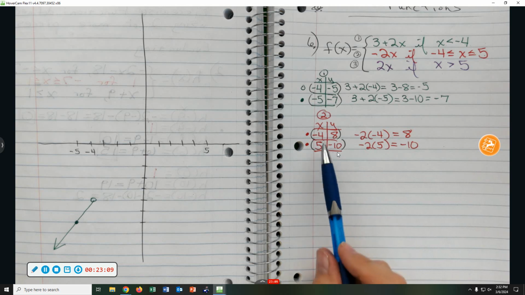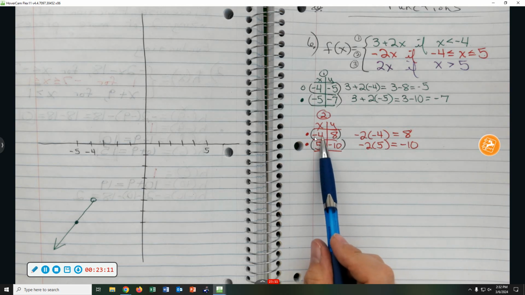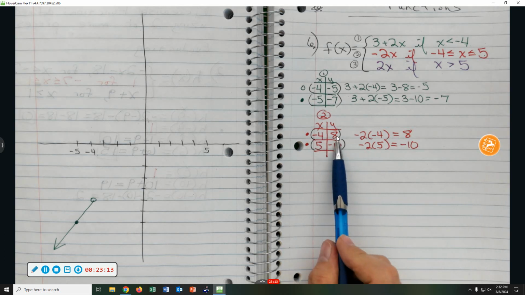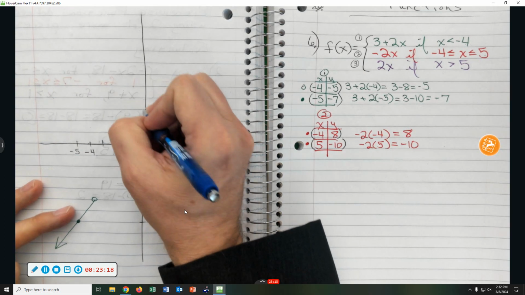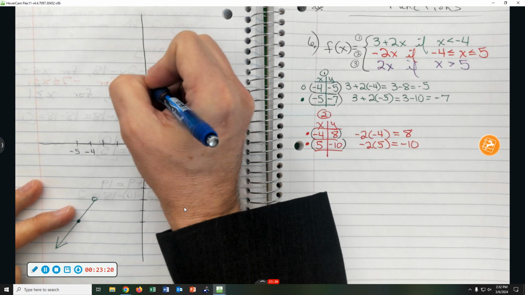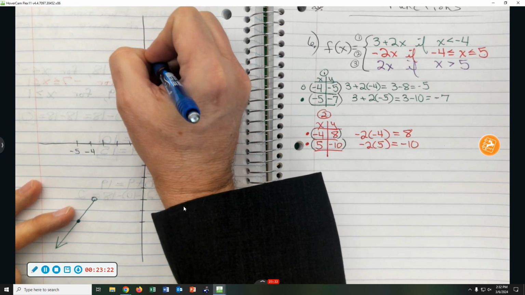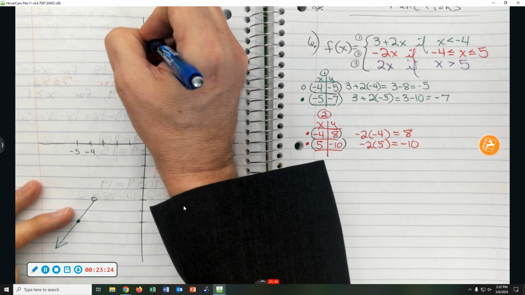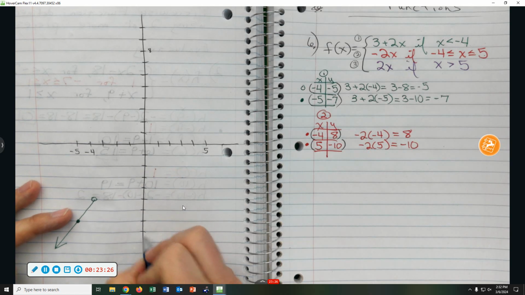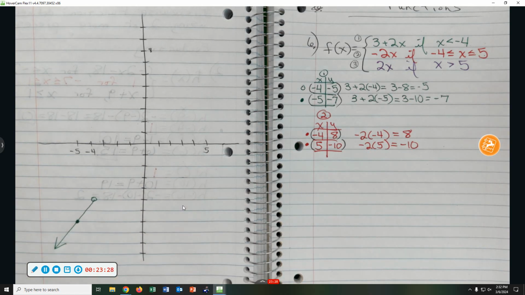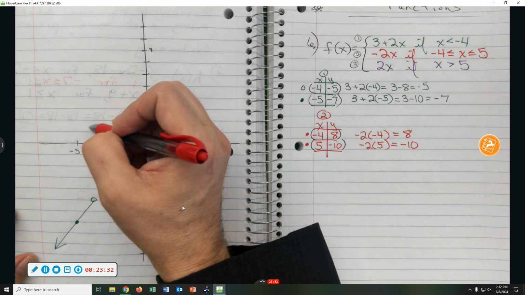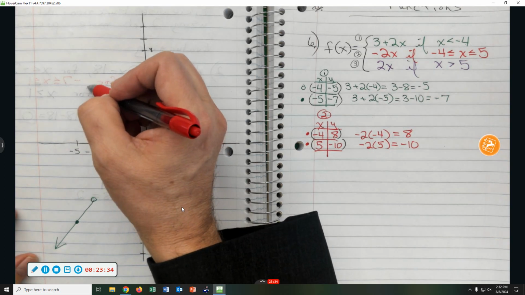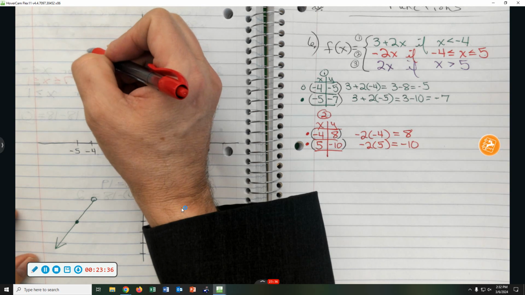So we go to our graph. We locate -4, +8. Okay, now we're going up. 1, 2, 3, 4, 5, 6, 7, 8.